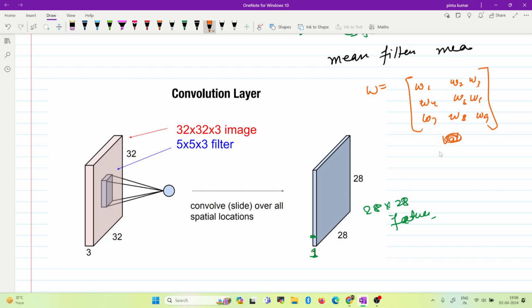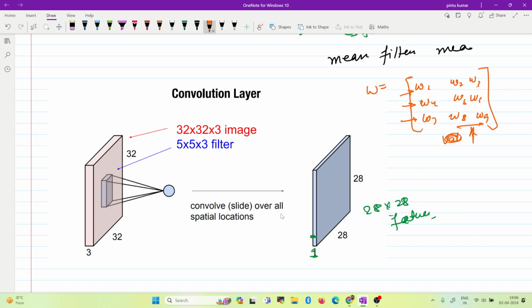You will update it using some optimization technique, gradient descent probably, and then you will obtain the final filter. Okay. So for CNNs, you don't know the values of your filter. You just initialize them with something, and then you learn those weights. That is the difference between classical image processing and what we are doing in CNN.